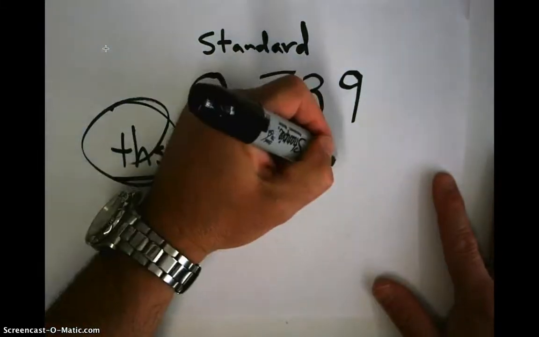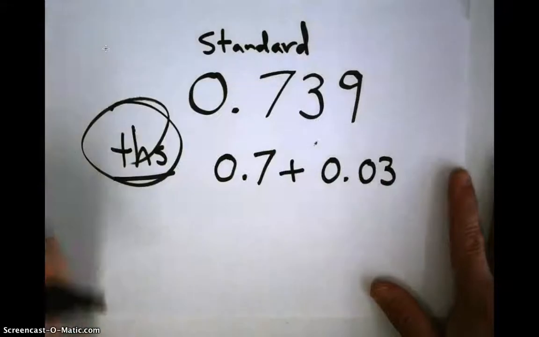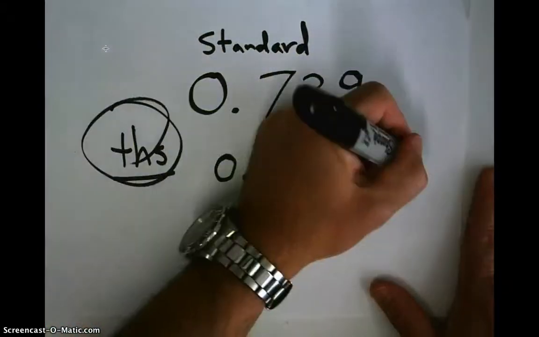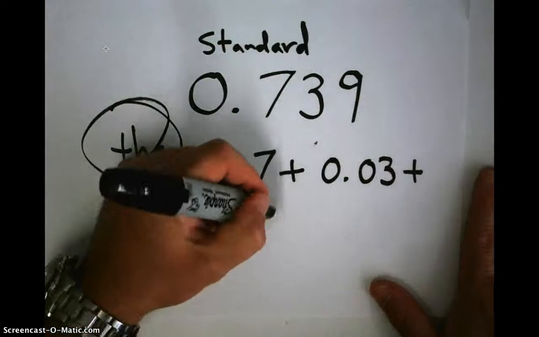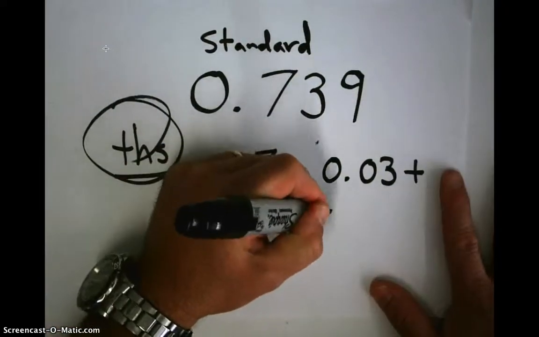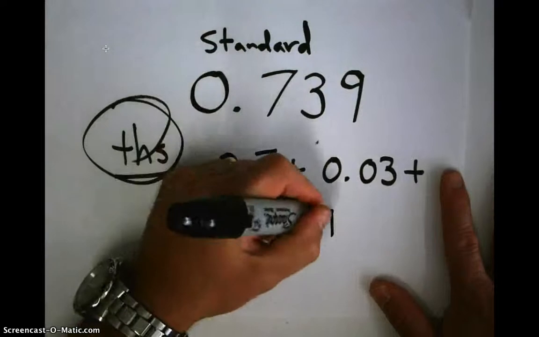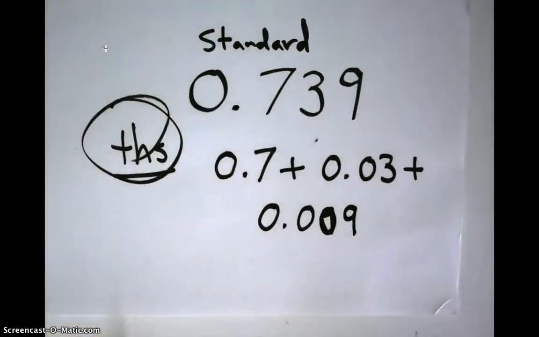Well, that is 0.03, 3/100ths. And then I have a 9 in the thousandths place. Well, that's simply 0.009. Ooh, got to be careful with your zeros here.